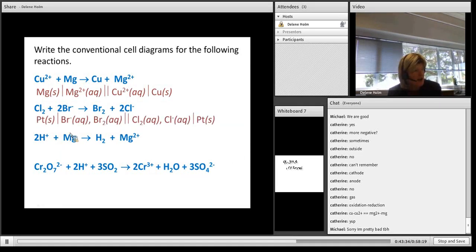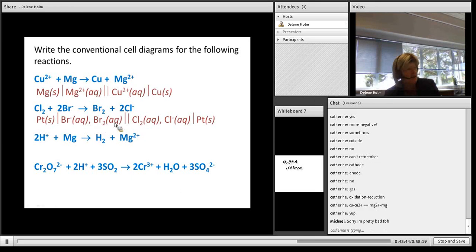Now, I've chosen to have it, because the video showed it as bromine water and chlorine water, I've chosen to make it both aqueous, and because I don't have a solid, I had to add a solid. And because there's no solid on this end either, I've had to add a solid over here too. So platinum is in both cases. And I've made both of them aqueous, so I've used a comma.